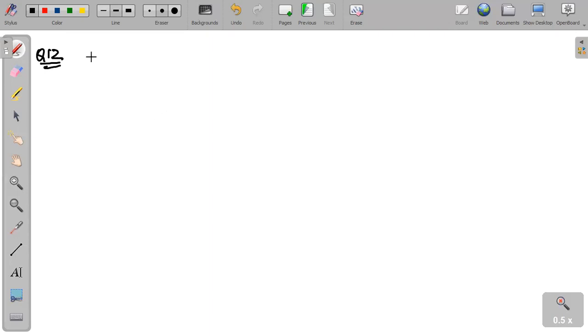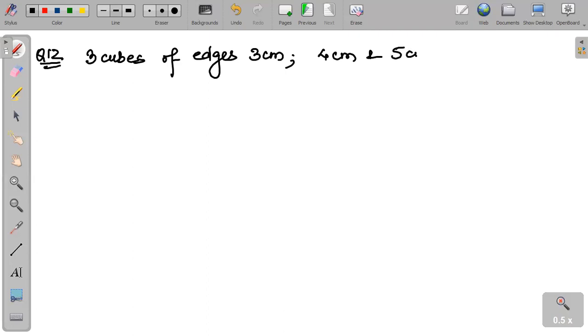There are three cubes of edges 3 centimeter, 4 centimeter and 5 centimeter. So the volume of these 3 cubes.